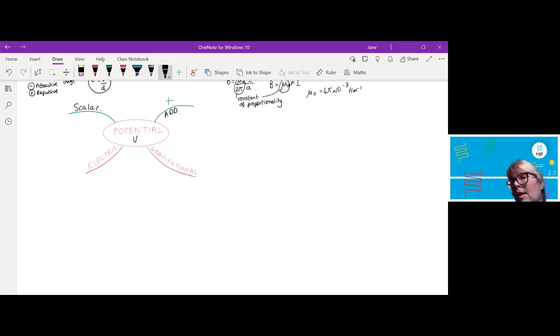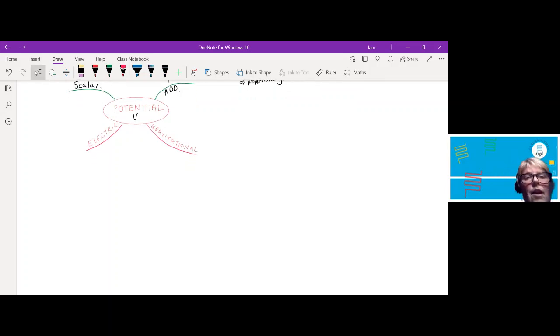I'm going to put subscript E for electric potential and subscript G for gravitational potential. Electric potential is given by joule per coulomb, and gravitational potential is given by joule per kilogram.